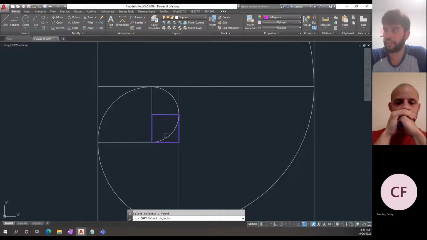So you get from one square to two squares, so 1 plus 1, and then you're gonna get the side of the square and do another square of that dimension. So from here to here. So we're gonna get this.